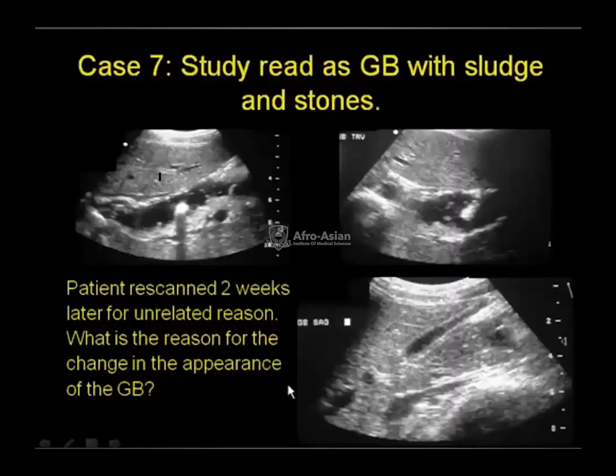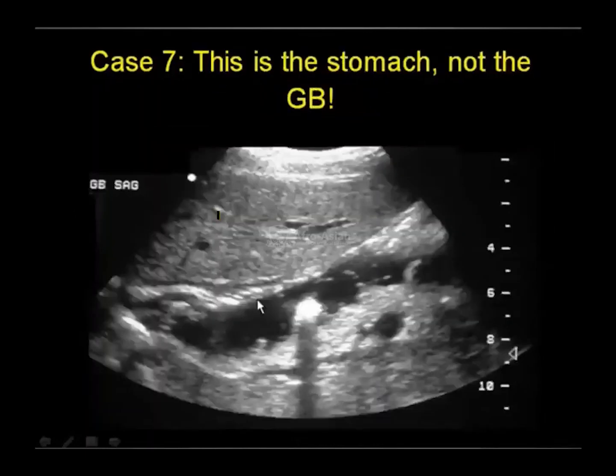Another case in which you can see sludge: it looks as if there is sludge and stones, and the patient was rescanned 2 weeks later for an unrelated reason. What is the reason for the change in the appearance of the gallbladder? You can see that this is the sludge, and then it looked almost normal because the patient was not properly prepared, and there were some artifacts from nearby structures.